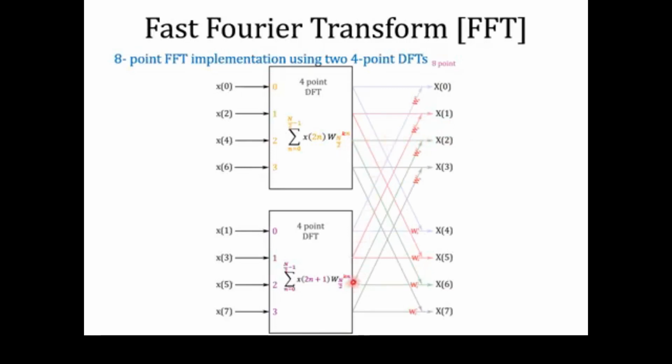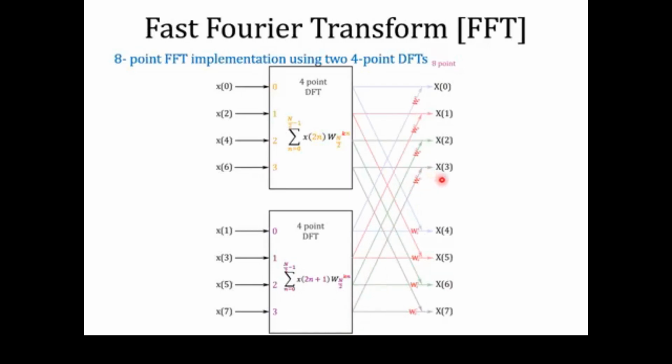While the second sample, which is coming from the second 4-point DFT box, will be first multiplied with W8^2 and then it will be added to the a of 2 sample value. Similarly, for x of 3, a of 3 will appear as it is, while b of 3 will be first multiplied with W8^3 twiddle factor and then it will add with a of 3 sample in order to produce x of 3.